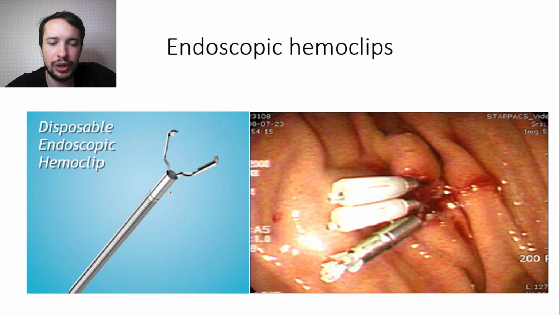When fully deployed, they remain fastened to the vessel after the endoscope has been removed from the patient. Emerging studies have shown that hemoclips are an effective and safe method for treating certain forms of peptic ulcer disease and should be used in the appropriate setting.